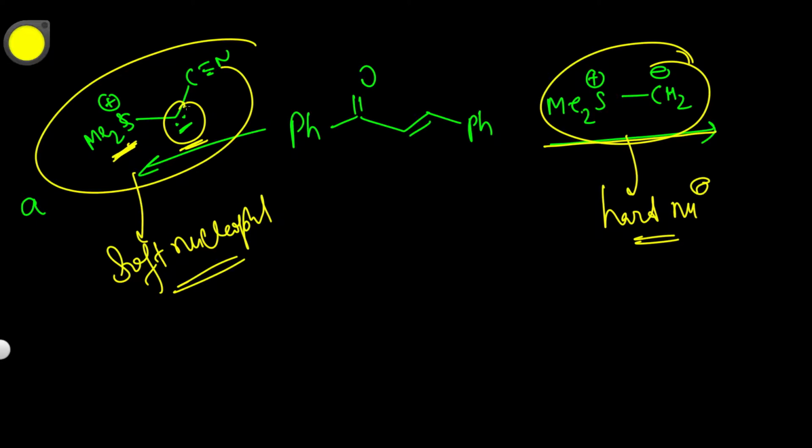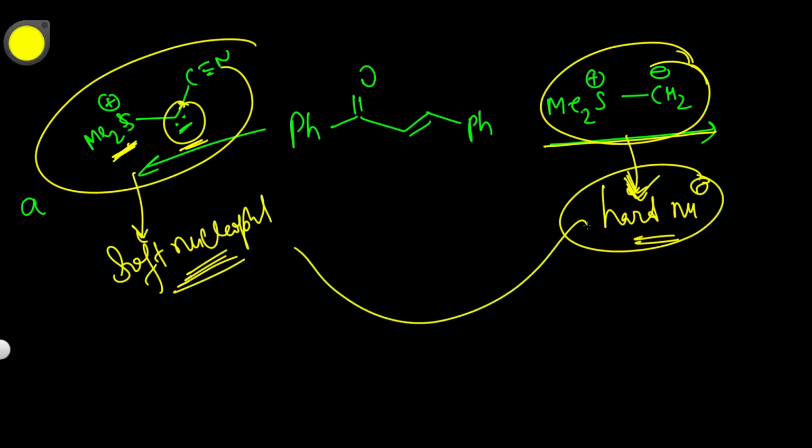So that's why this negative charge is more dispersed, more delocalized, and that's why this is a soft nucleophile. But in the case of this region, Me2S-CH2 minus, this negative charge is only delocalized with the vacant orbital of sulfur. So that's why it is a hard nucleophile in comparison to this region.